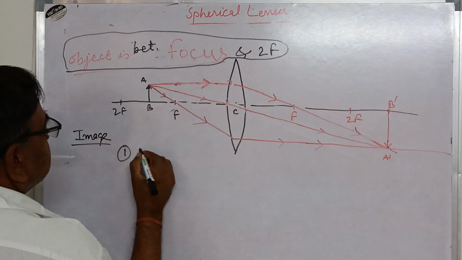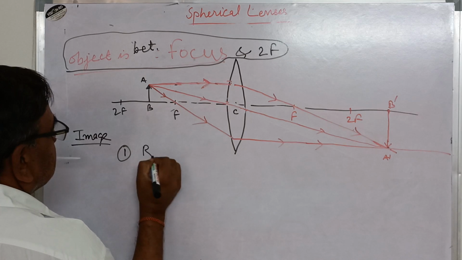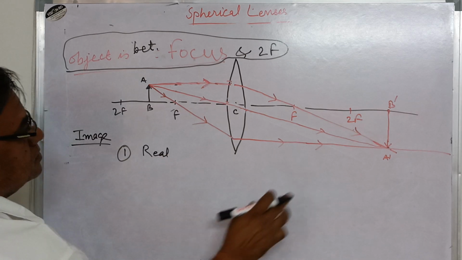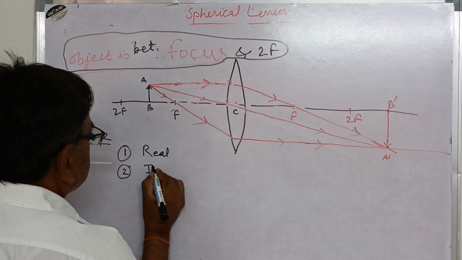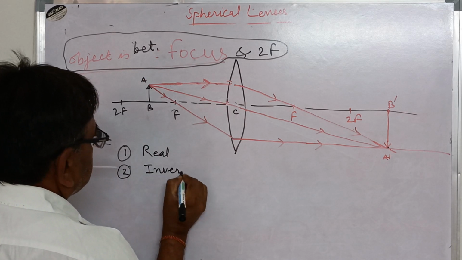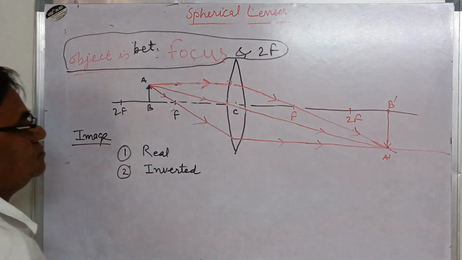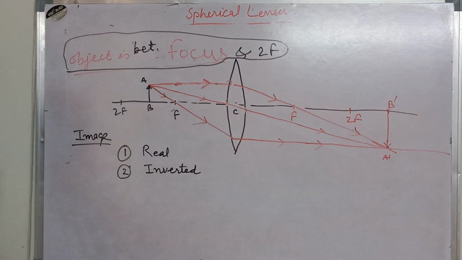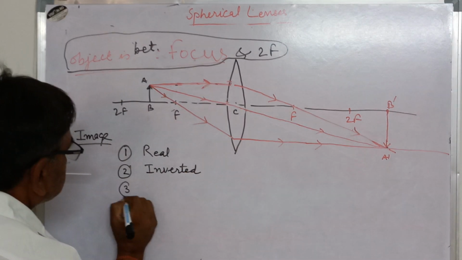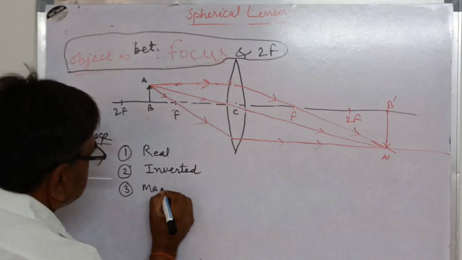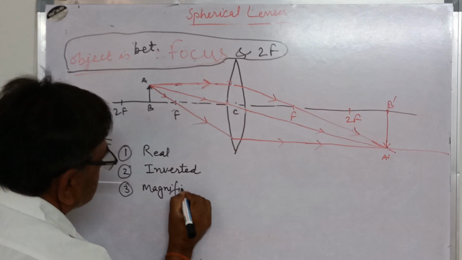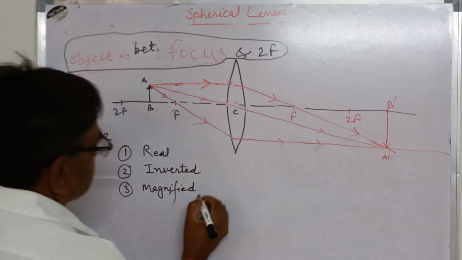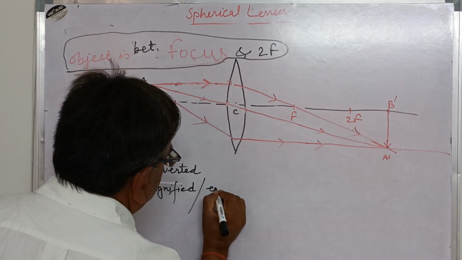So the image is real. And you see whether it is erect or inverted, it is inverted. Size big, number 3, magnified or enlarged. The words are different but same thing. Or you say enlarged.